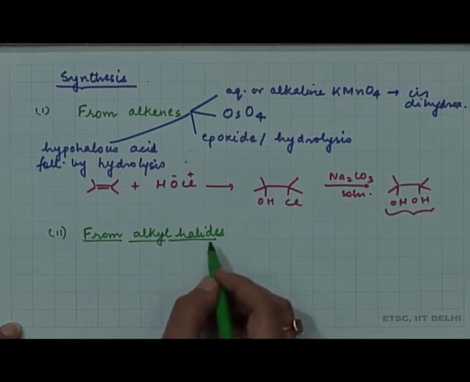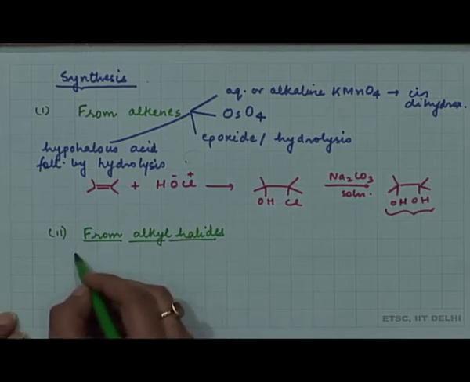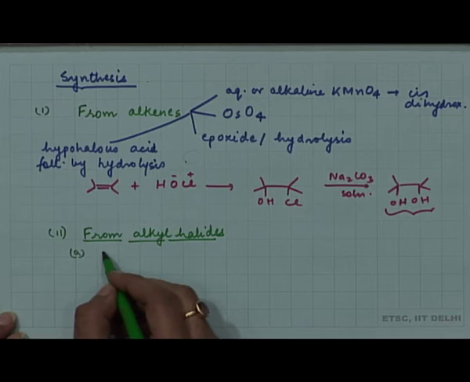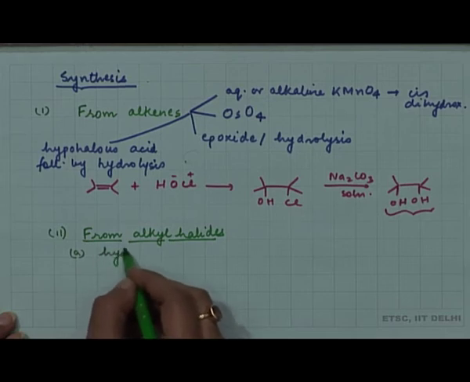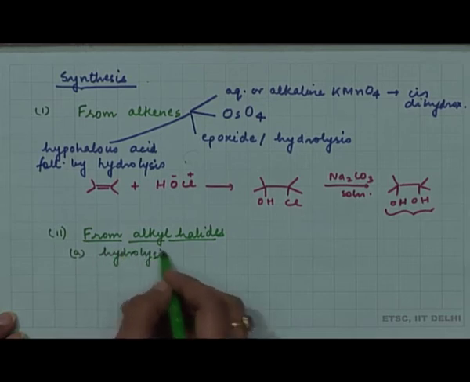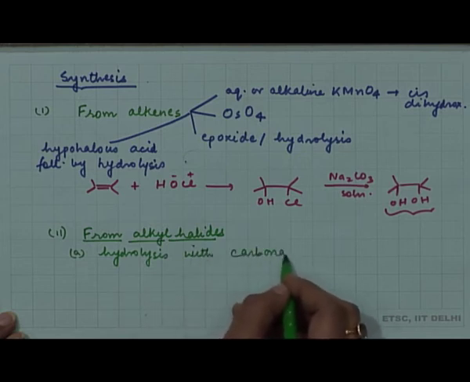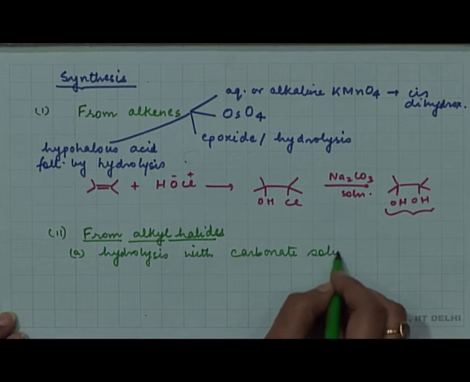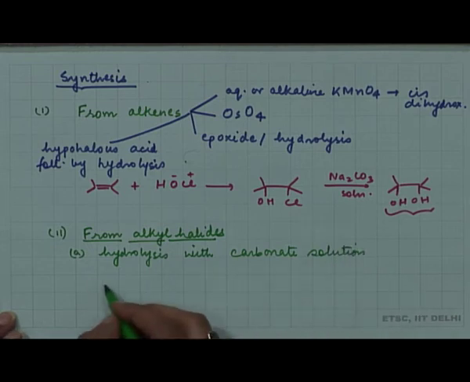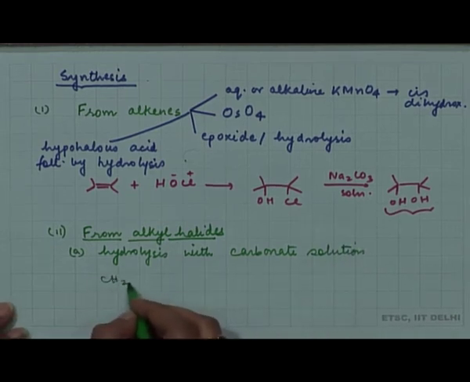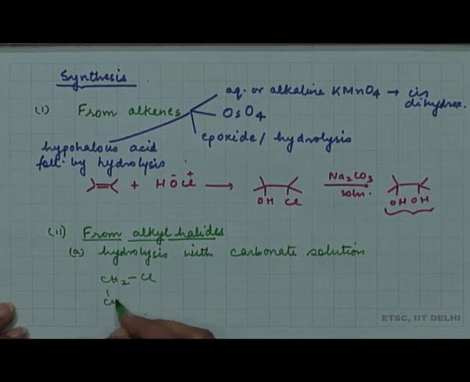The next method for the synthesis of diols is starting from alkyl halides. From alkyl halides, the conditions employed are simple hydrolysis with sodium carbonate solution, which means that you have to have a dihalide to begin with.